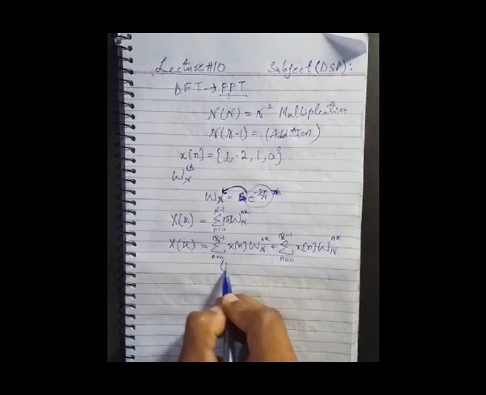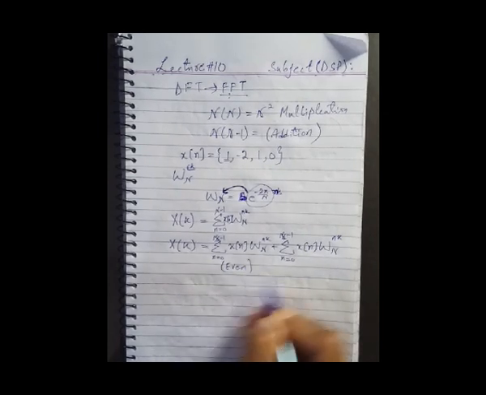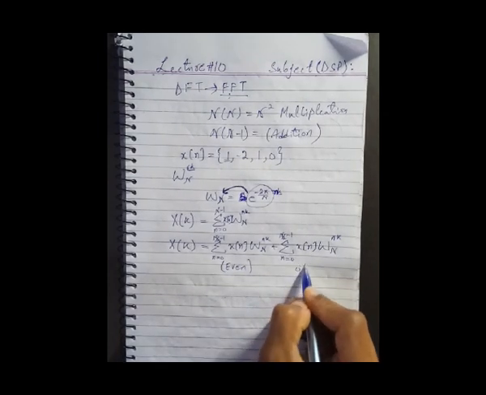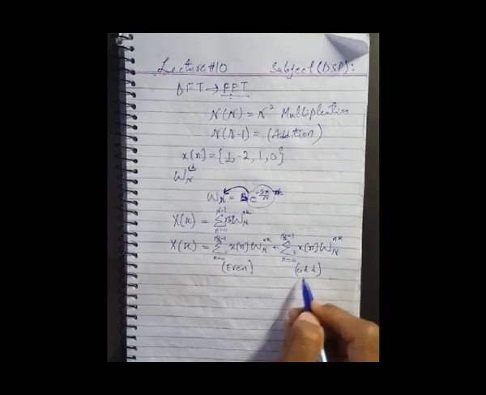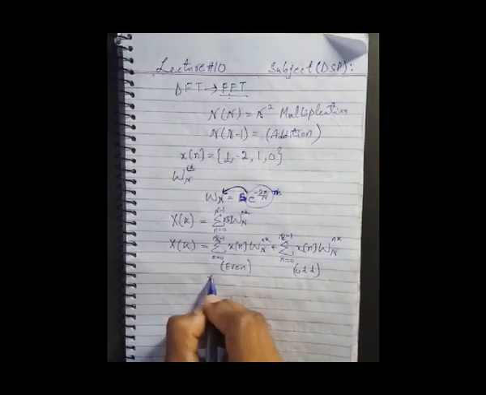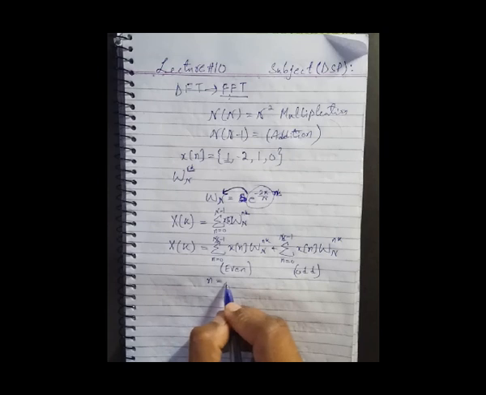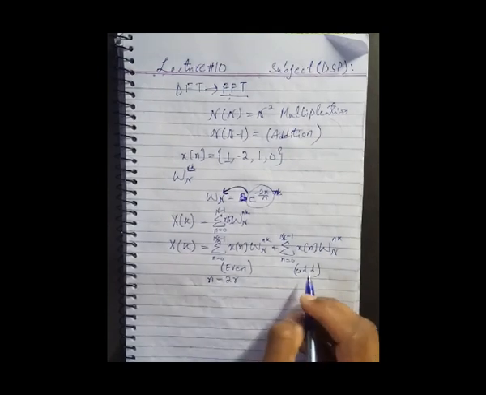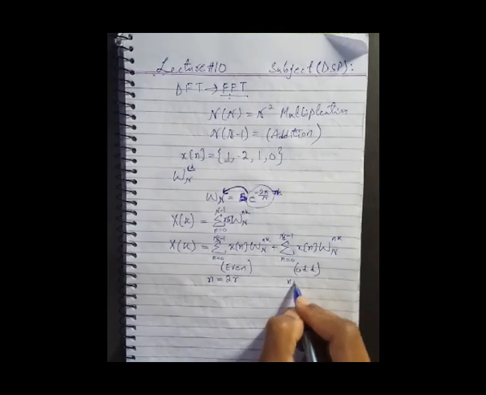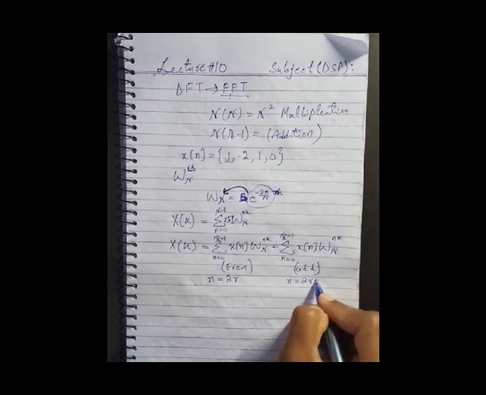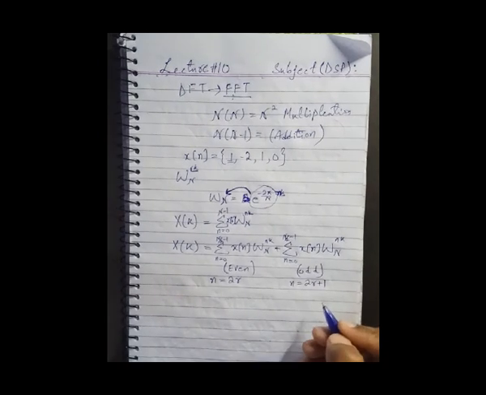Now this part is even and this part is odd. Now for even, put n is equal to 2r, and for odd, put n is equal to 2r plus 1.